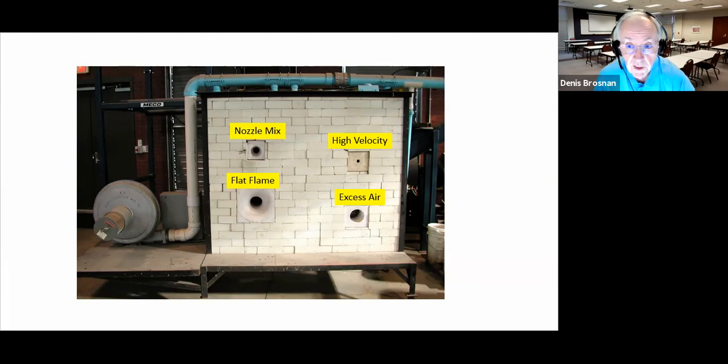We're going to trace the air back through its various control dampers and actually to the blower. And so that's what we're going to do next time, trace the lines, and we're going backward. Remember, the logic of the course was you start with the heat required inside the kiln, then we talk about the burners and their placement to supply the heat, then we talk about the plumbing required to get the gas and air or other fuels to the burner back to where the fuel comes in the plant.